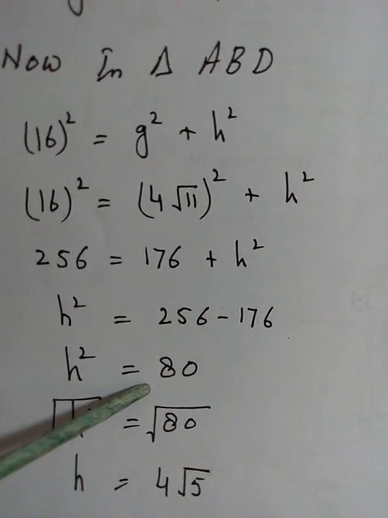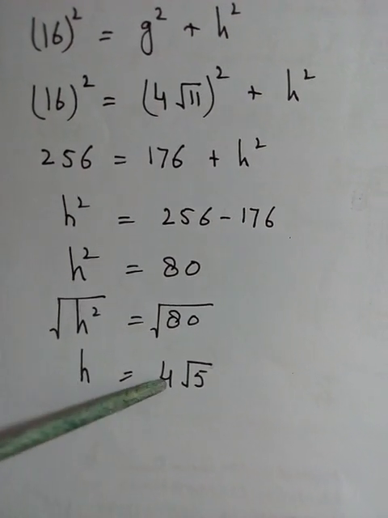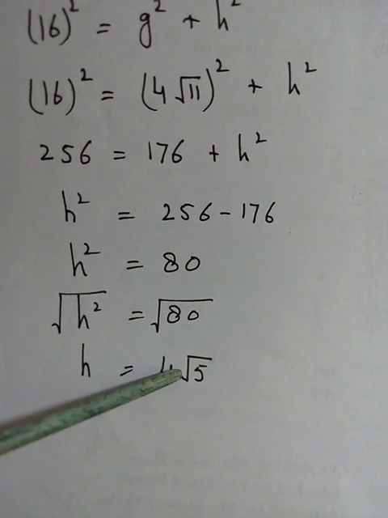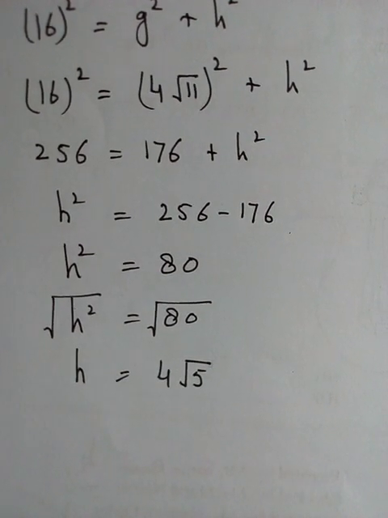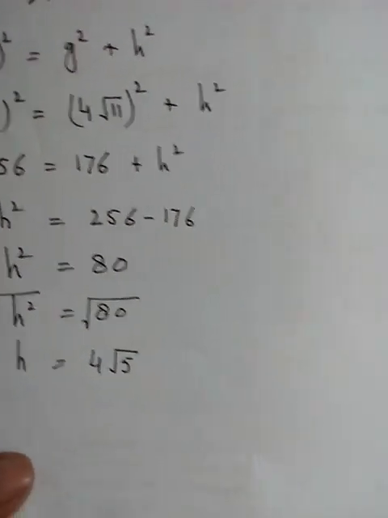Now their difference is 80. By taking the square root on both sides, the value of h is 4 square root of 5 centimeter. Yes, the unit is centimeter.